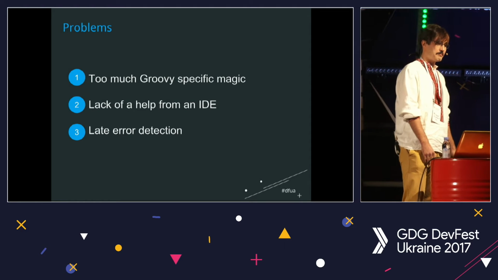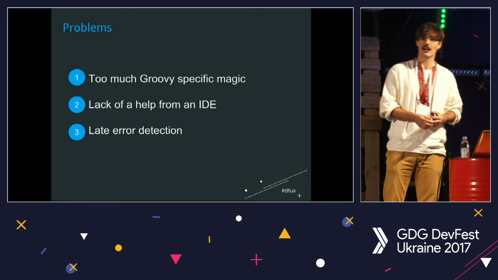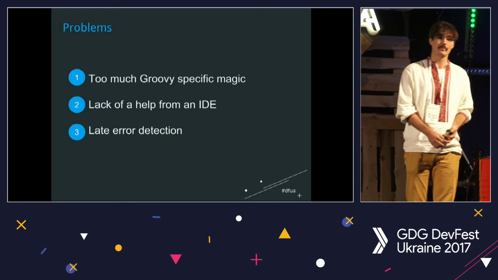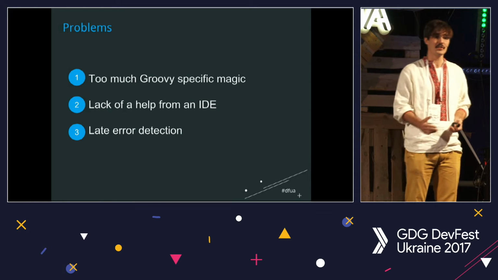Also, lack of help from the IDE, because it's hard and sometimes impossible for an IDE to provide you quality auto-completion for a dynamic language, because it can't build a code model, an abstract syntax tree, and so the only source of truth for you is documentation. You have to know the conventions of how you should use a plugin.